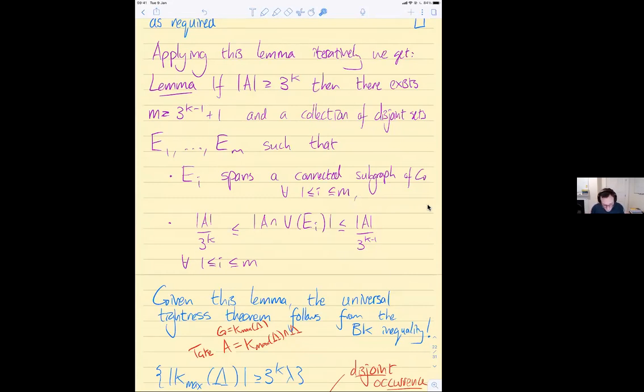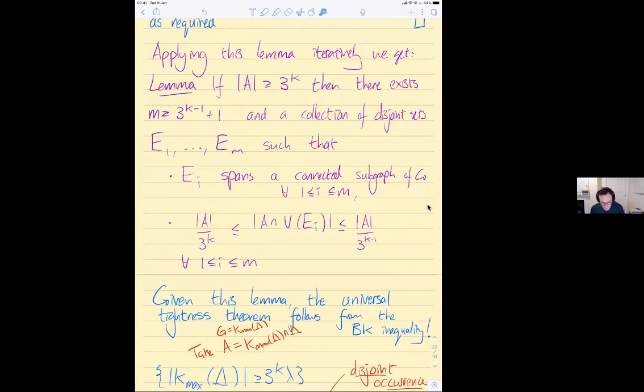If A is now of size at least 3^k, then you can find at least 3^(k-1) plus 1 disjoint sets of edges in your graph, each of which spans a connected subgraph of G, and such that the set of incident vertices has intersection with A of size between |A|/3^k and |A|/3^(k-1).